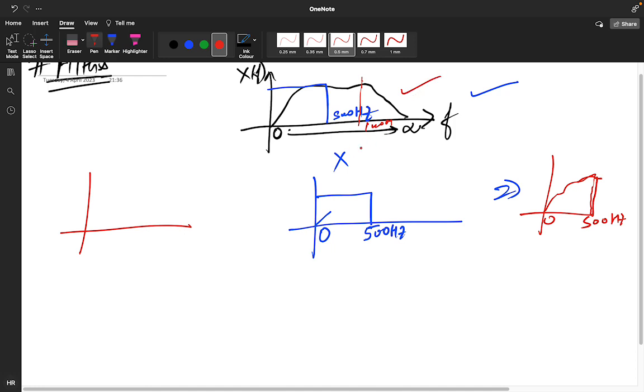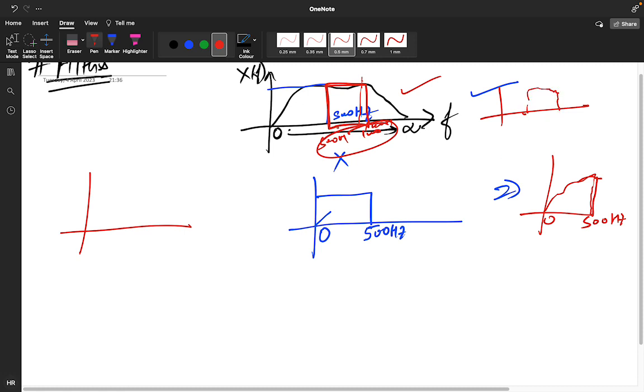There is also a band pass filter. Suppose you want a filter which will pass a band of frequencies, from 500 to 1000 hertz. This is your band pass filter, and the result will be like this.